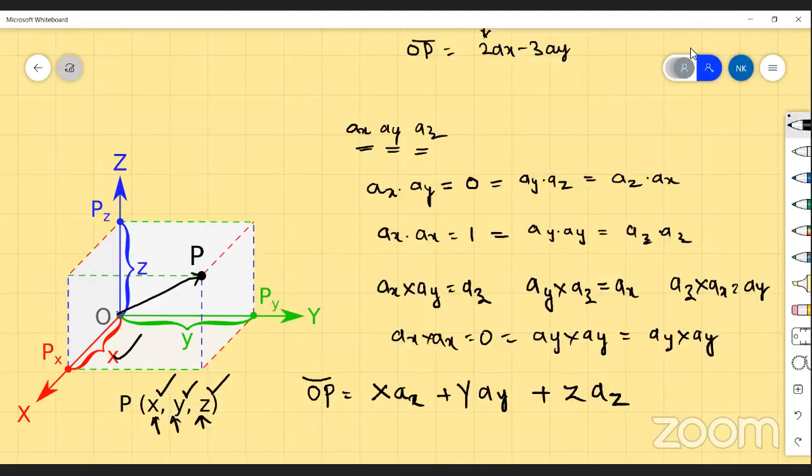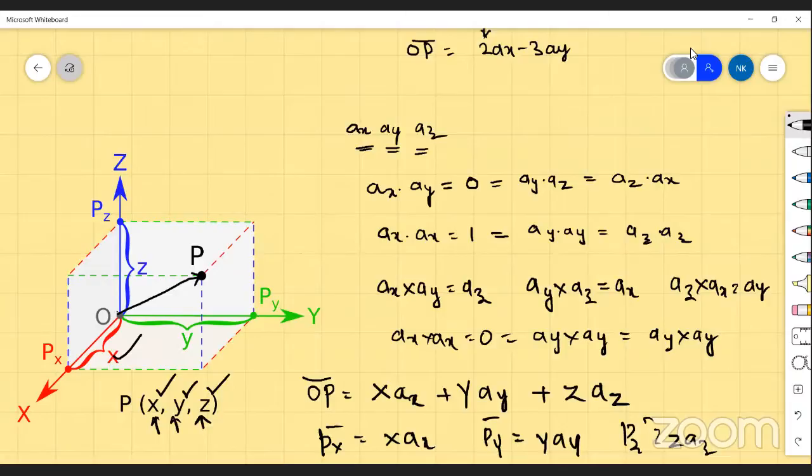Or else you can say Px bar, x ax, Py bar, y into ay, Pz bar, z into az. So it's a summation.